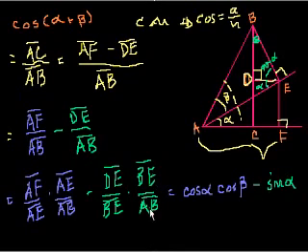And what is BE over AB? Look at this triangle again. For beta, BE is the opposite, and AB is the hypotenuse. So opposite over hypotenuse for beta, so it's the sine of beta. I'm running out of space, I have to go to another line. Sine of beta. Pretty neat.